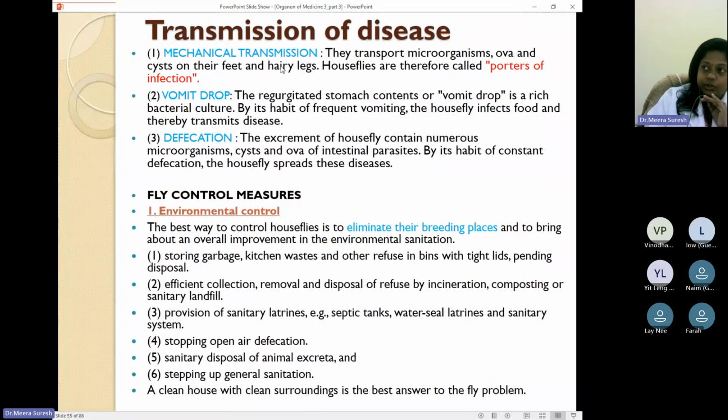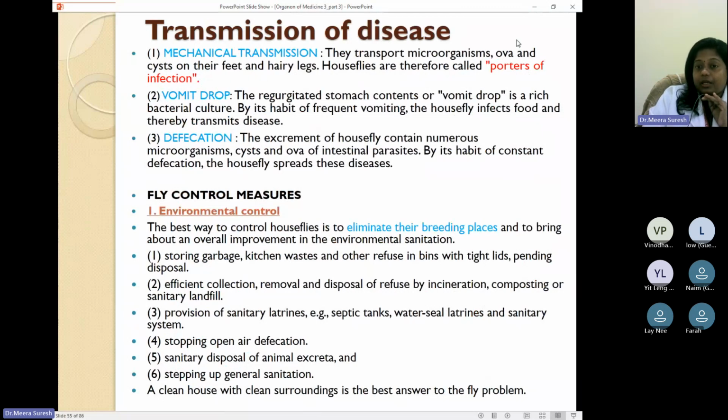Not only inside, though inside also when they do the vomiting and the defecation, but also externally on their feet and hairy legs. So when they come and sit on the exposed food, from that external surface they are actually transmitting the organisms, ova and cyst on their feet.